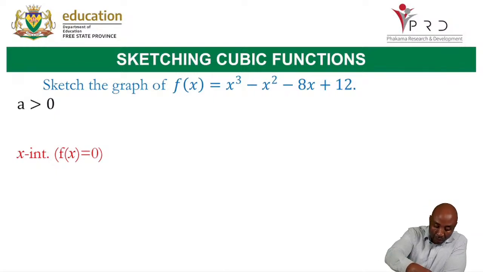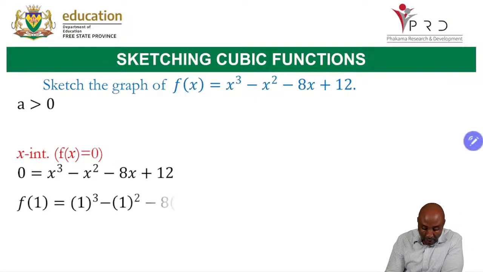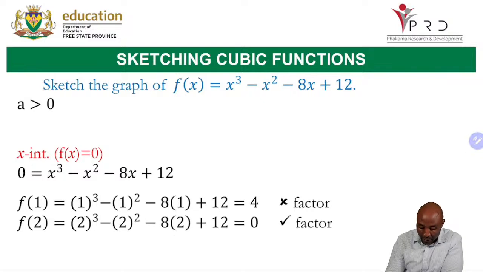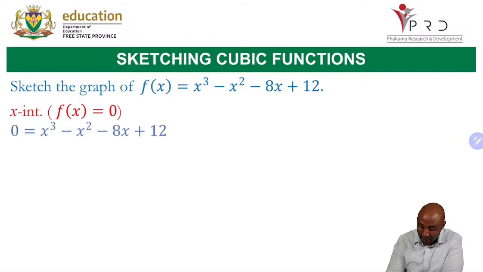And then for us to get our x-intercept, we use the factor theorem. 1 is not a factor, then we get 2 as a factor. Then from there, we can either use long division or inspection to get the other factors.